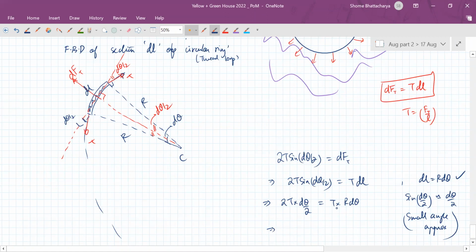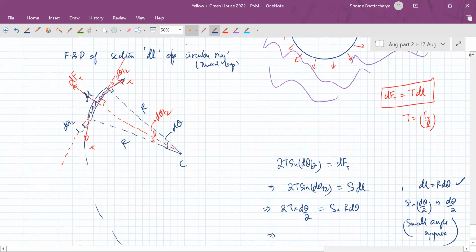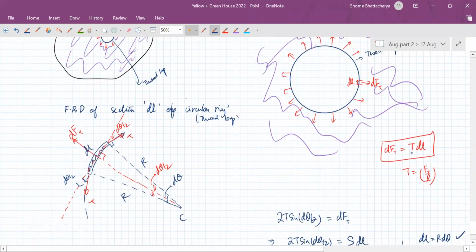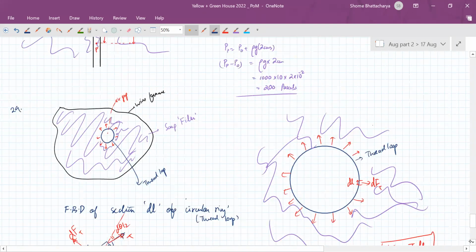Now I'm confusing surface tension with tension. So what I'll do is I'll write a different symbol for surface tension. We'll use the symbol capital S for surface tension. So going back here, change the symbol.